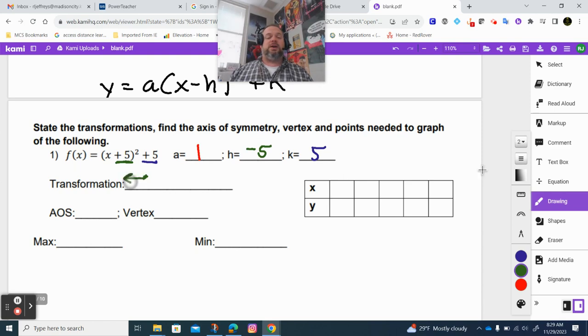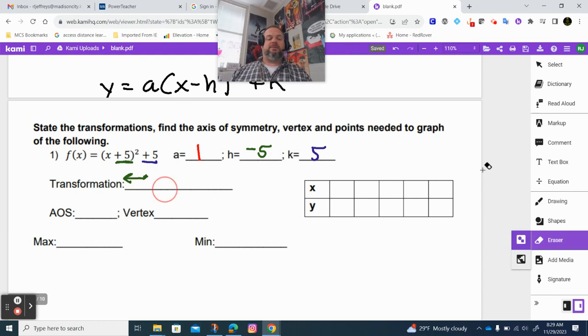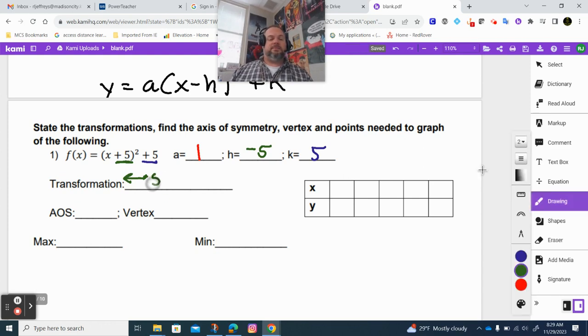You could actually do an arrow left 5. Because it's negative, it goes left. This is positive, so it goes up 5. You can actually use arrows because the person that's grading your test knows what arrows mean.